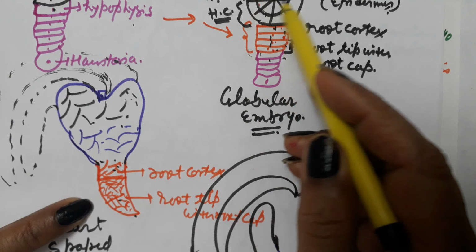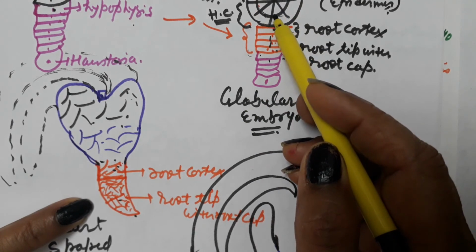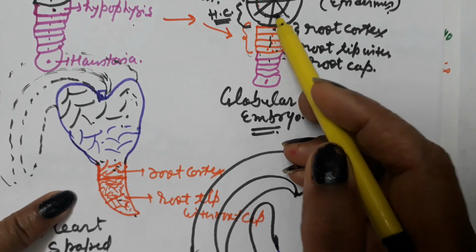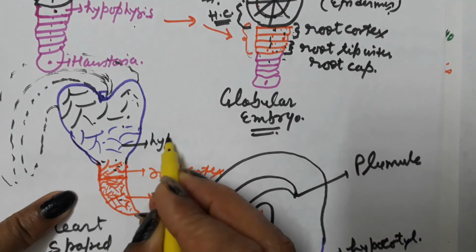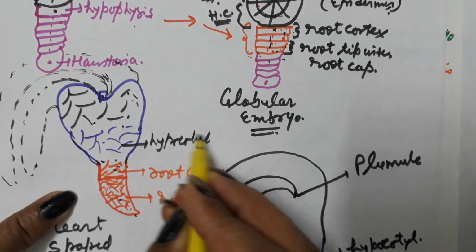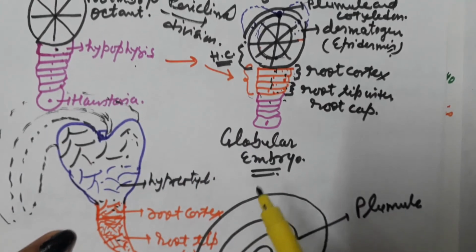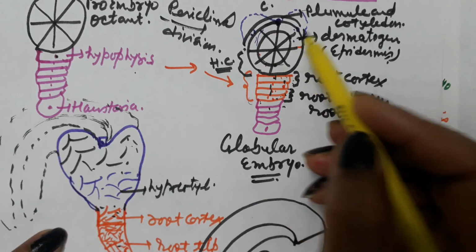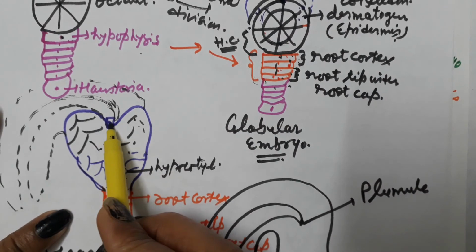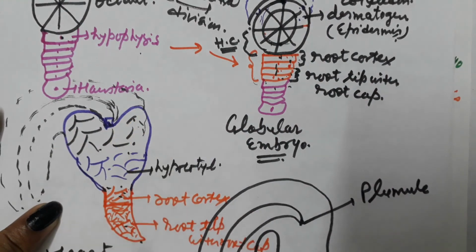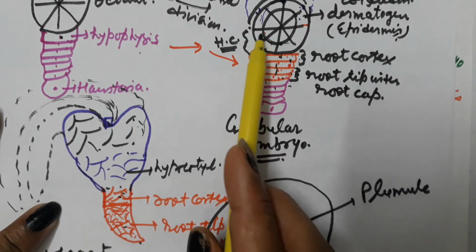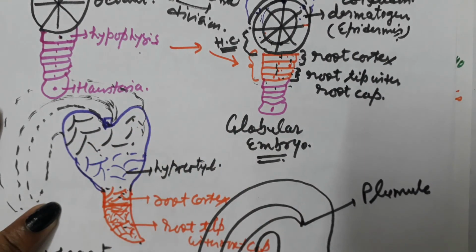The lower half portion of the embryo gives rise to the hypocotyle region. This is the hypocotyle region. And the upper portion of the proembryo gives rise to the plumule in the center, and growth of the cotyledon takes place. In this way, the globular-shaped embryo changes into a heart-shaped structure.